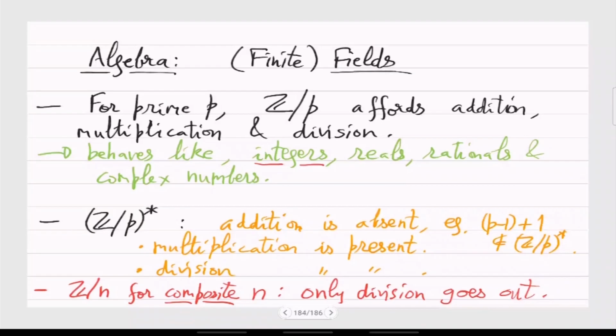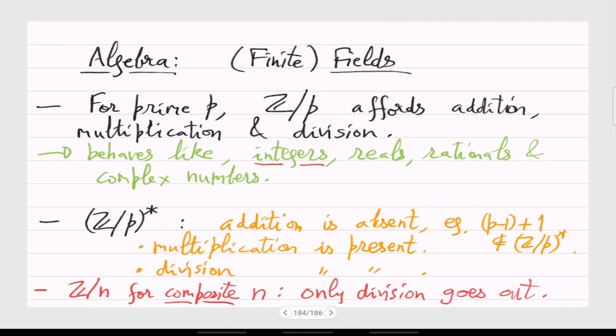And to study such things more and see other applications, we'll move to algebra, where we were studying the example of z/p. So z/p is the set of numbers 0 to p minus 1.